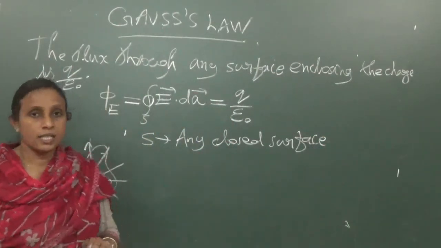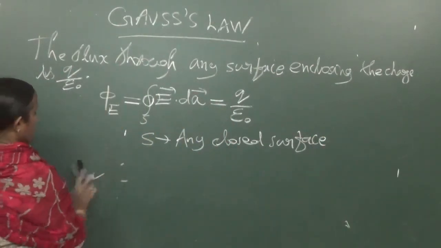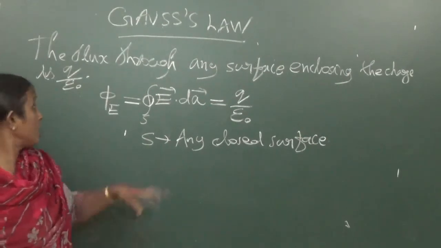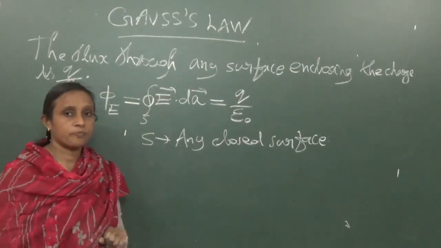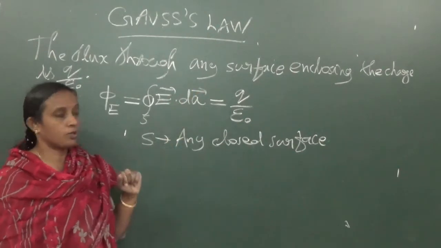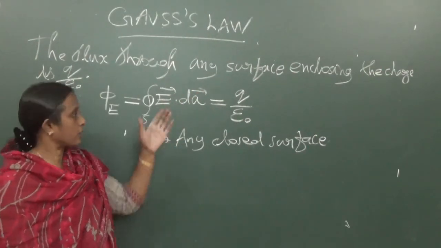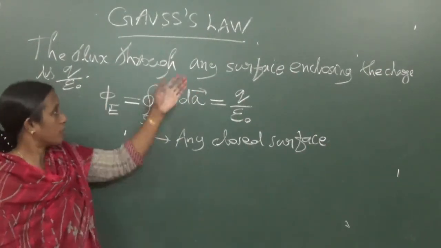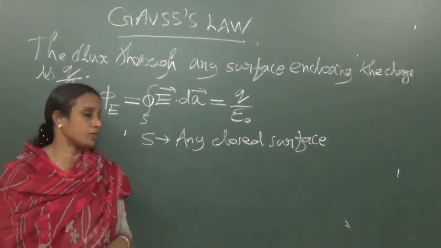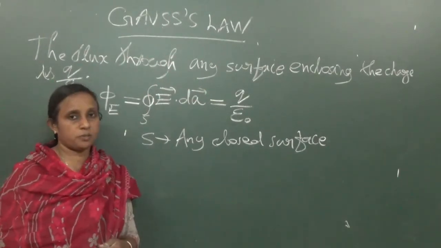So the flux through any closed surface is equal to q by epsilon 0, corresponding to the charge enclosed by the surface.